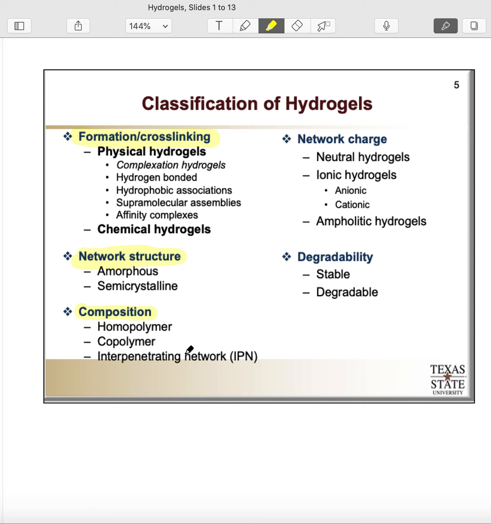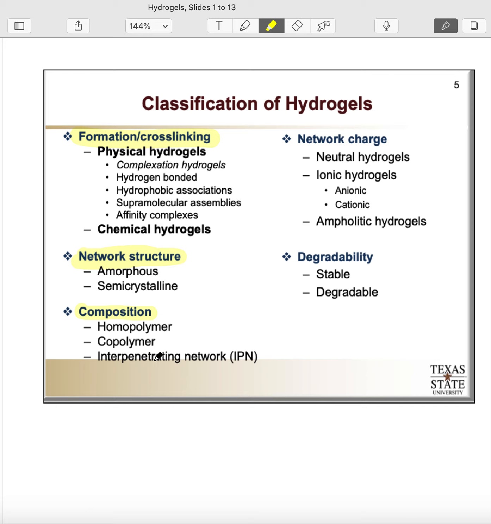We will discuss more about this at the end of the section, but basically these interpenetrating networks are hydrogel systems that are made either through the sequential polymerization of one monomer in the presence of an already polymerized polymer, or they could be made concurrently using two different monomers that have independent reaction mechanisms that do not compete with or affect one another.